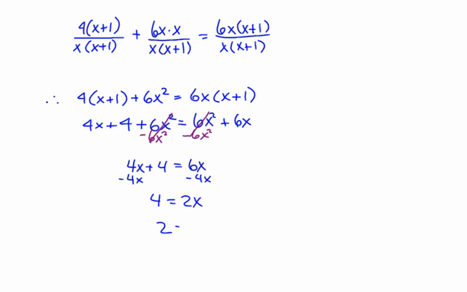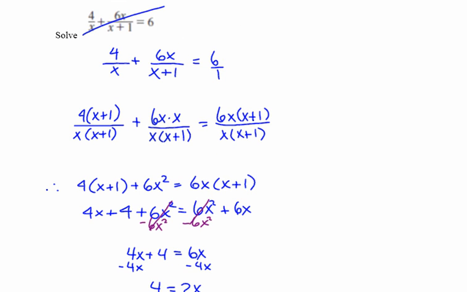Now with your solutions, you always have to check that it's not a non-permissible value. So going back to the original, was it a non-permissible value? No, so that's our solution. Now, really quickly, there's something called an extraneous solution, and that might show up.